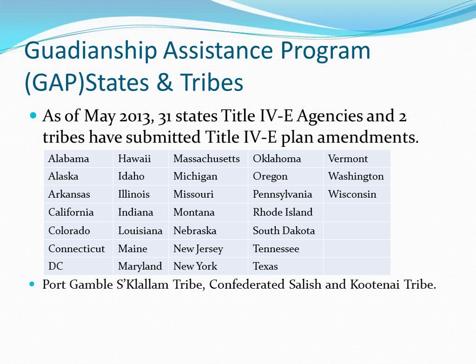And so this list will probably grow in the near future. There are also 2 tribes, the Port Gamble S'Klallam tribe and the Confederated Salish, and I won't even try to pronounce these, that are eligible for the guardianship program.